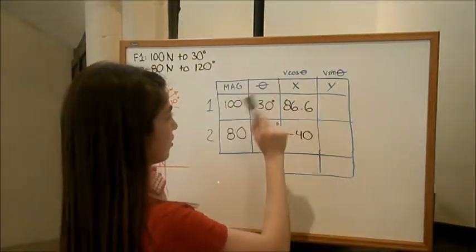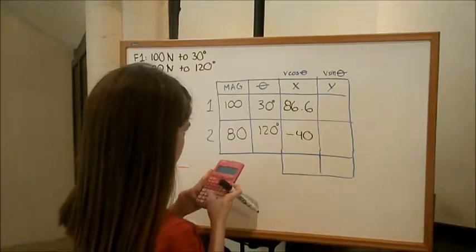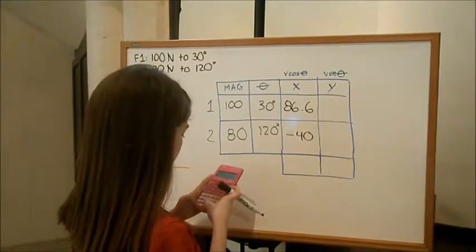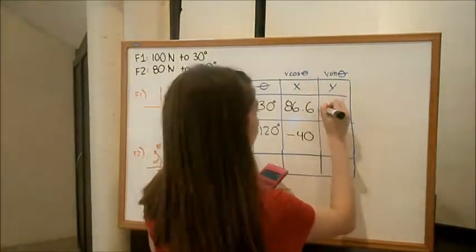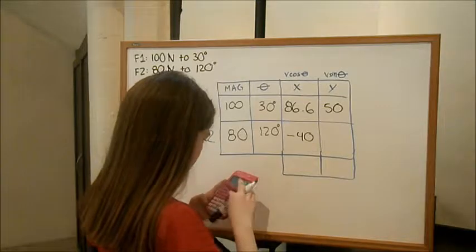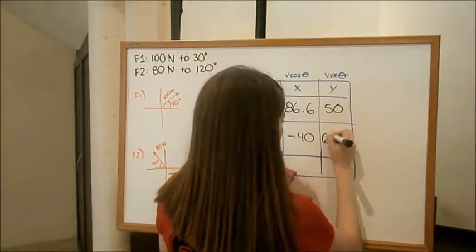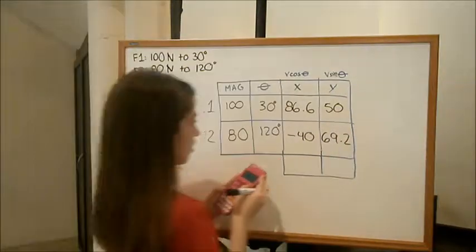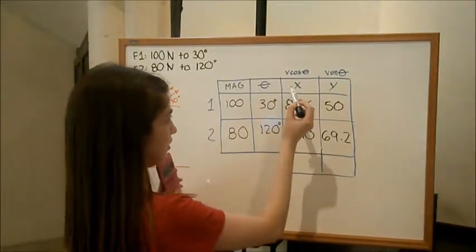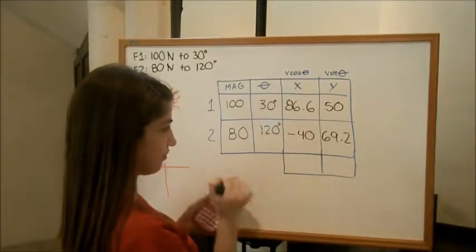To get the y, we do the same, but with sine. So then we add the first one and the second one, or subtract it.